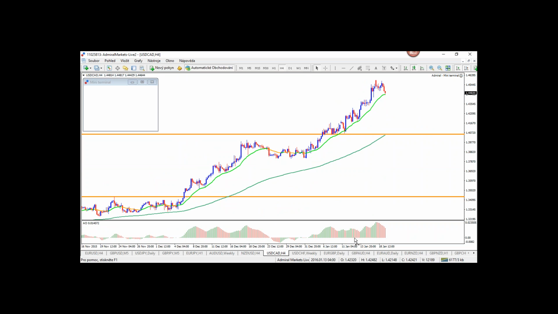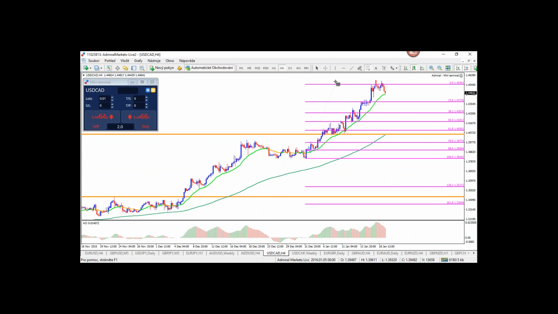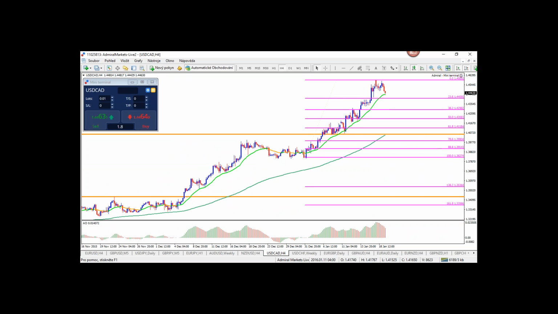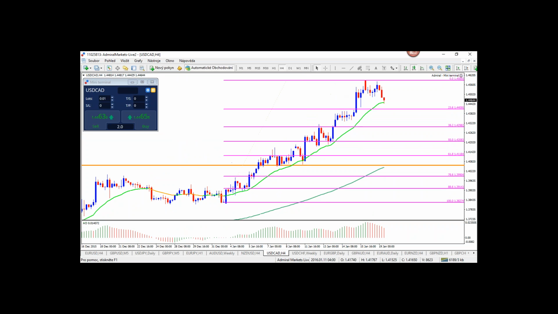Let's put a fib from here to here. Yeah, it's definitely difficult at the moment. Let's see. On the 4-hour chart we got 1, 2, 3, 4, 5, 6, 7, 8 candles not breaking this.